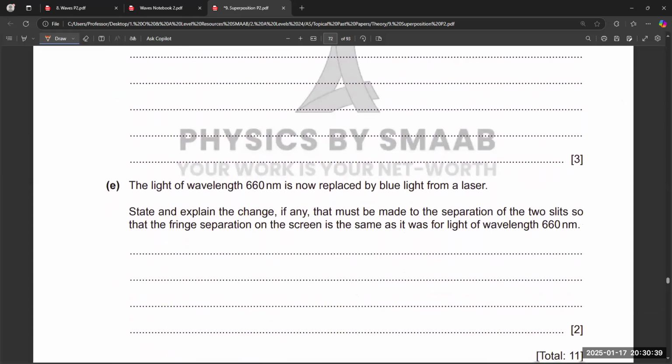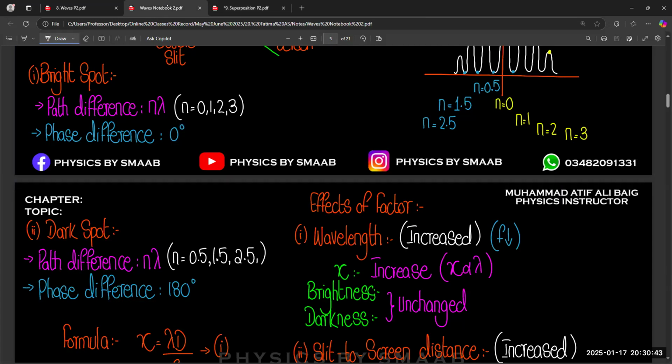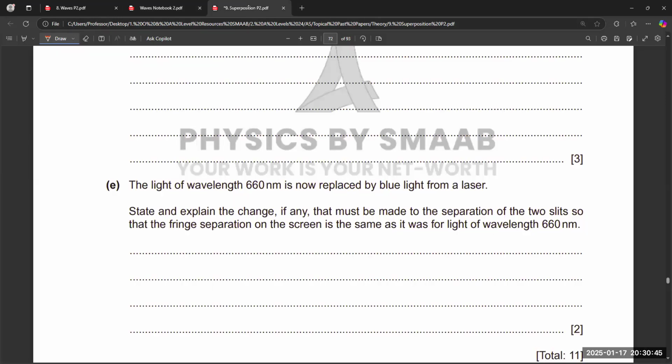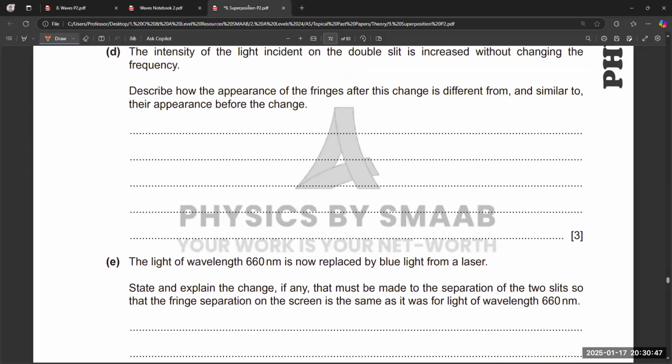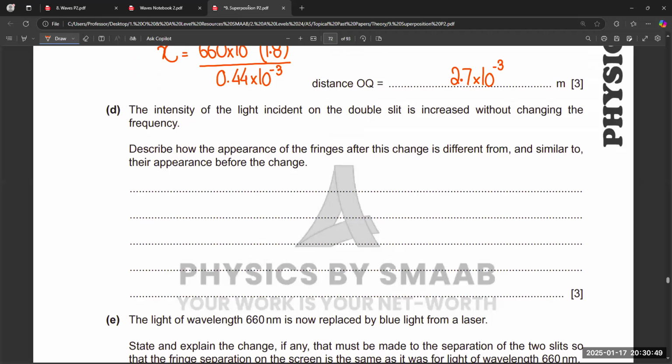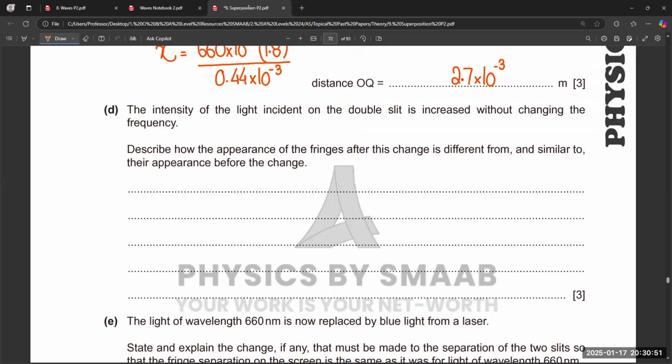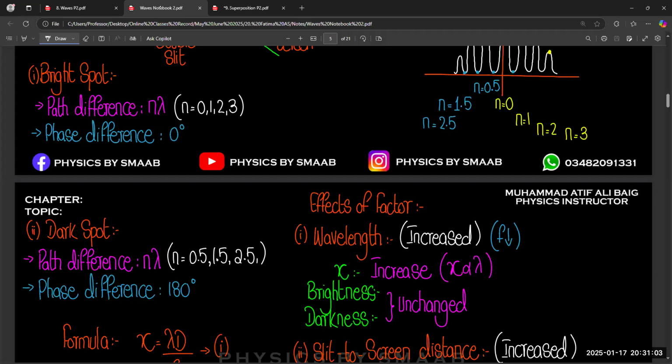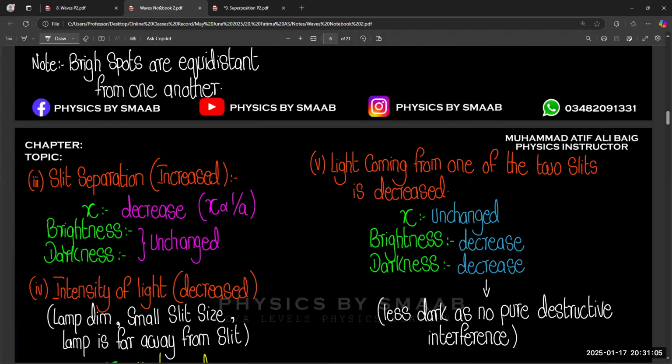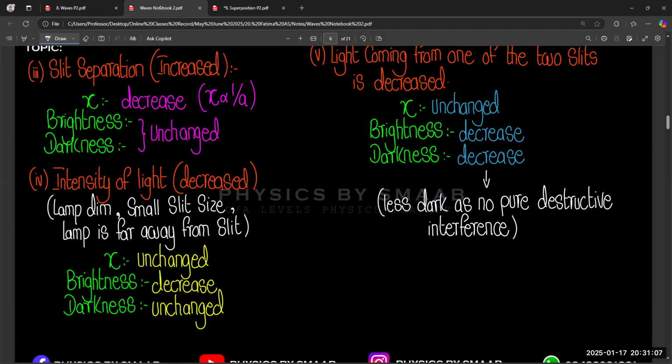Now you can see we have two questions for 5 marks related to the factors. So a 5 mark question from factors only. This is important because the initial parts are very, very simple. The intensity of the light incident on the double slit is increased. So this is factor number 4, intensity.